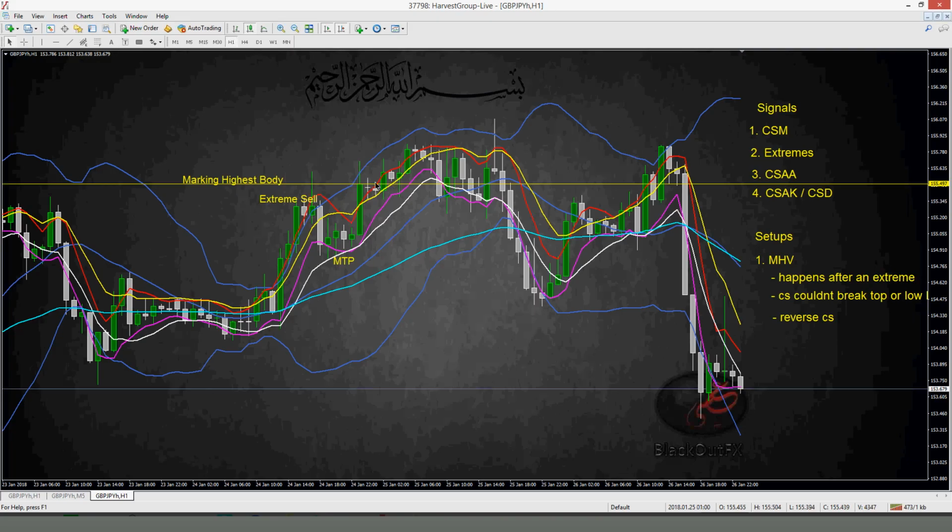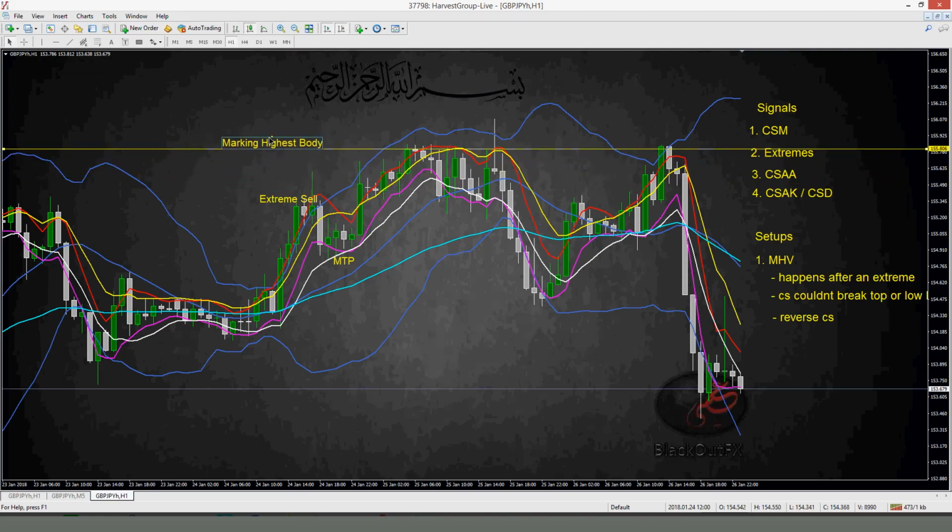Okay, so now this MHB highest body is now invalid because you have a much higher candle. So now this is the highest body available to you.